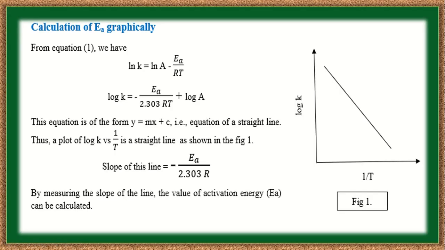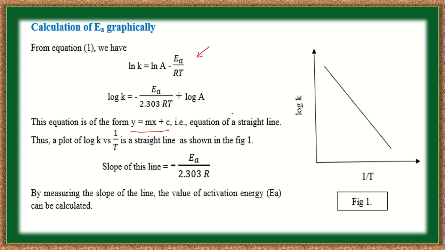Next, we will learn how to calculate the activation energy of a reaction graphically. For this, let us first recall equation number 1, which was of the type ln K is equal to ln A minus EA by RT. Converting this to log base 10, we have log K is equal to minus EA by 2.303 RT plus log A. Now this equation is clearly of the form y equals mx plus c, which represents the equation of a straight line.